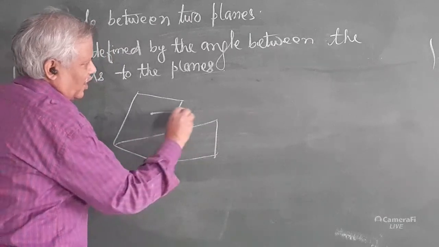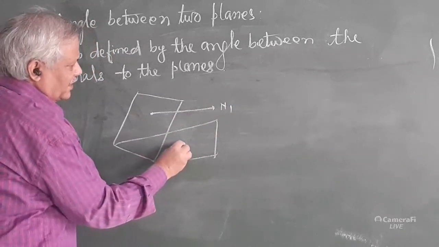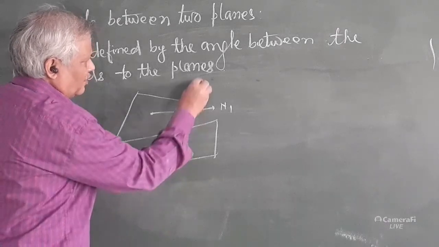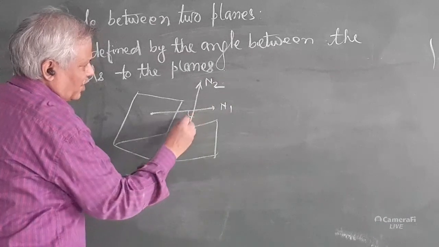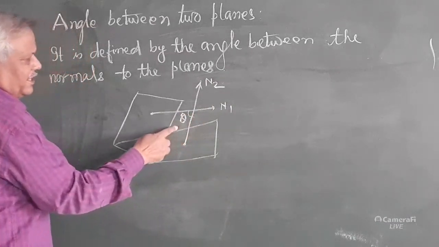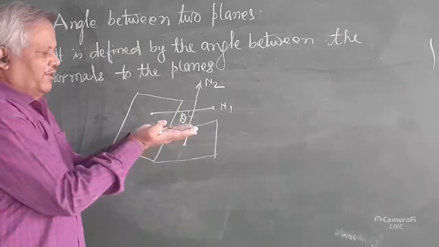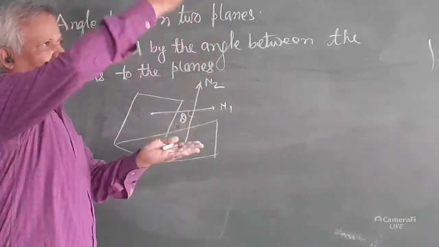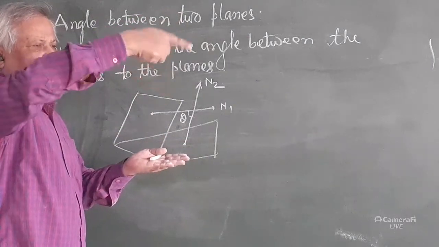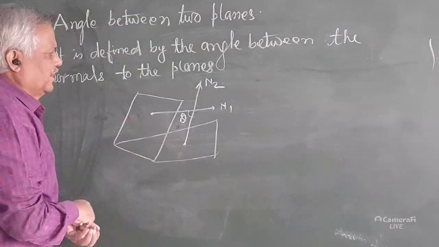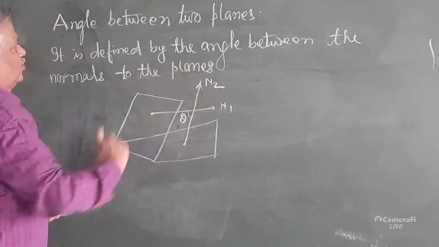Let this be a normal to this plane, and this the normal to the other plane. Then the angle between the normals, this angle theta, is defined as the angle between the two planes.